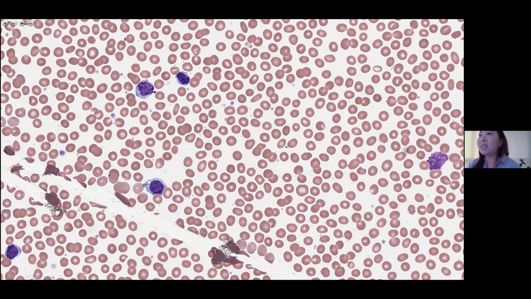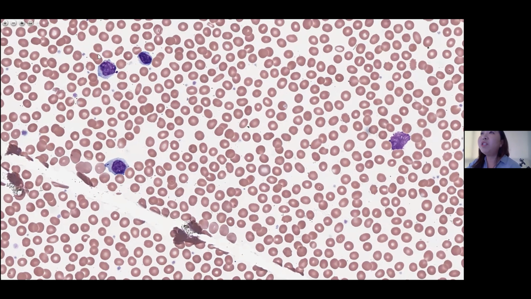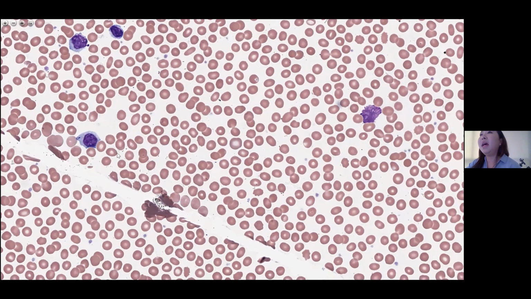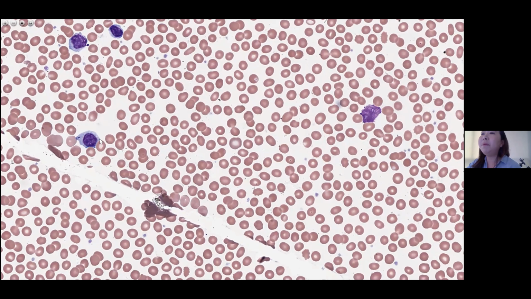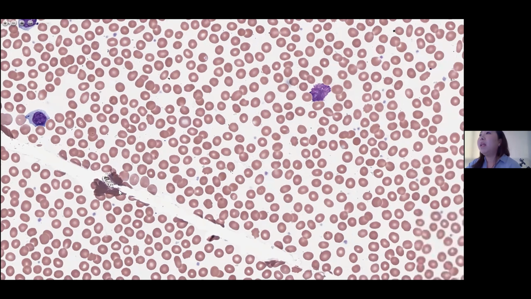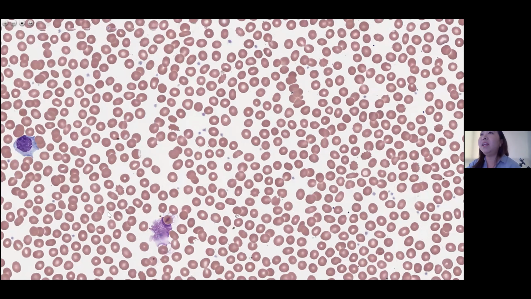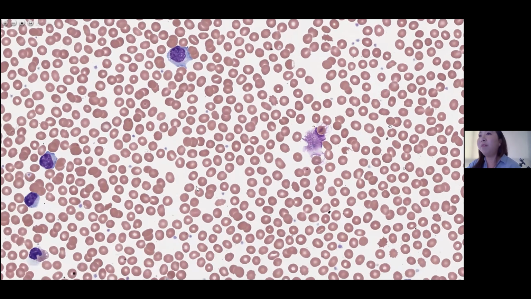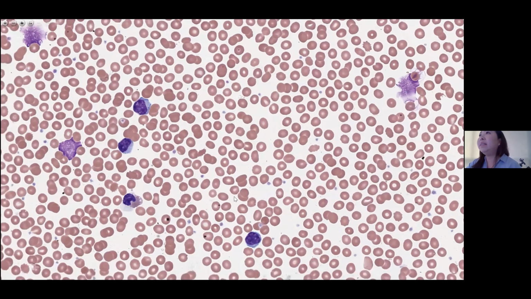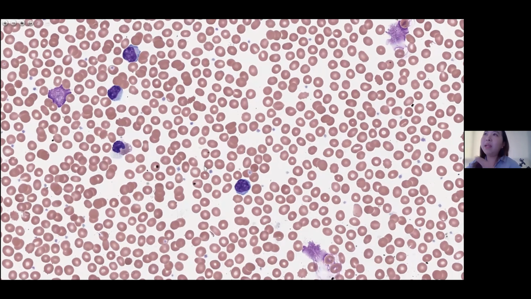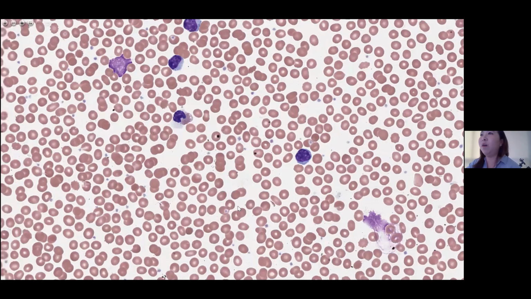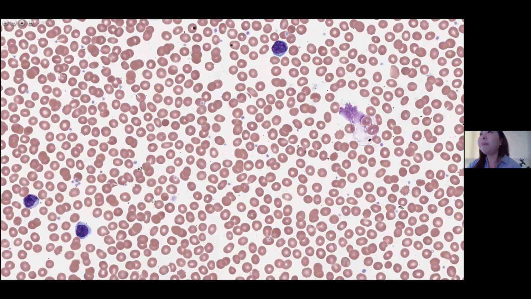So we'll talk about the morphology a bit more, but as you see, there are some variability in the lymphocytes, but these slightly larger lymphocytes that you see here, they are still very mature looking. They have a bit more abundant cytoplasm, but they don't look large and with immature chromatin that you might see in diffuse large B-cell lymphoma, for example. So this looks like still within the morphological spectrum of chronic lymphocytic leukemia.